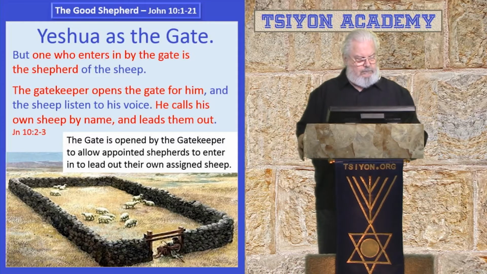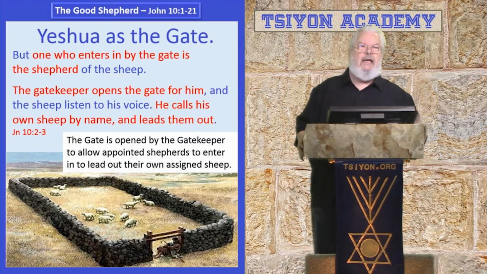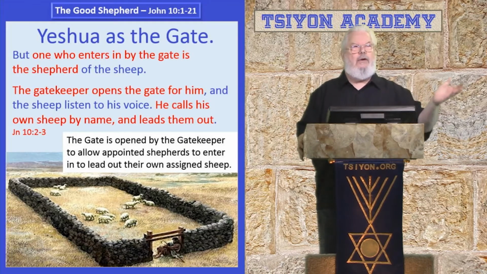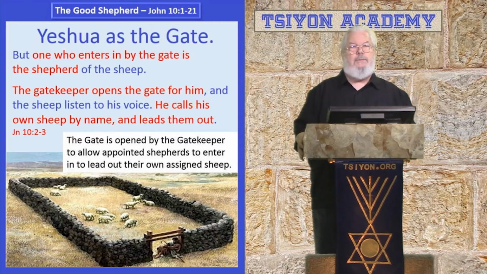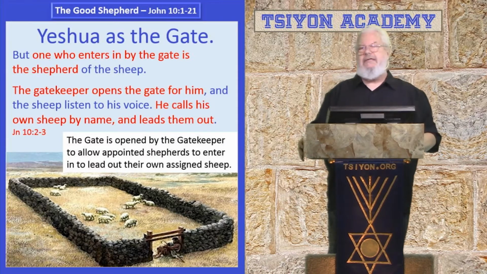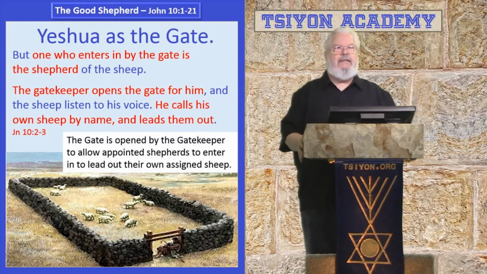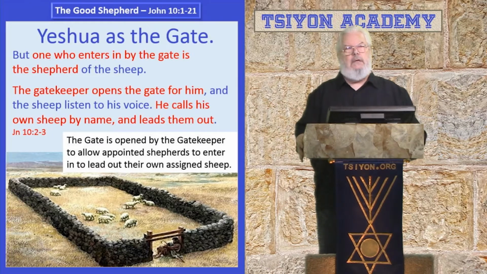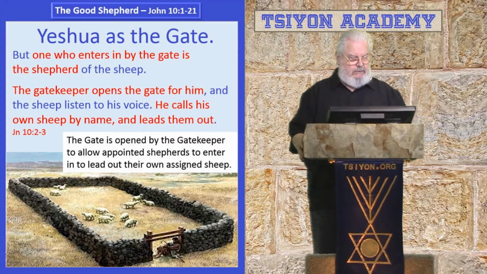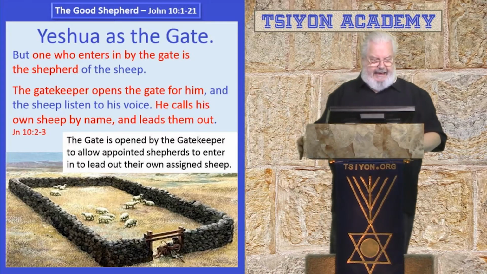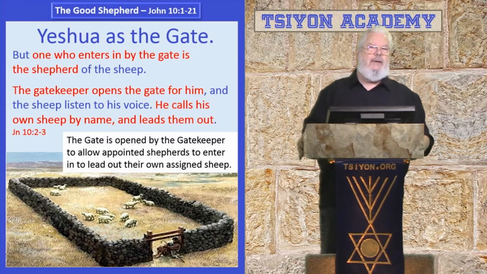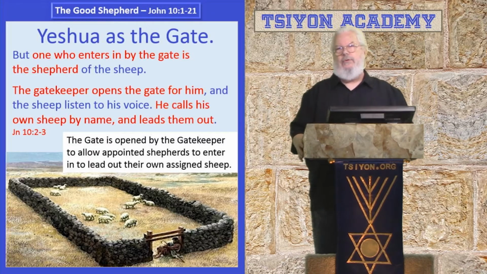Well, when a shepherd like that comes along, he has no trouble getting that gate open to him because he belongs there. And when he calls out to the sheep, they listen and they hear his voice. He calls his own sheep by name and leads them out. So this is how this works. The gate is opened by the gatekeeper to allow appointed shepherds to enter in to lead out their own assigned sheep.